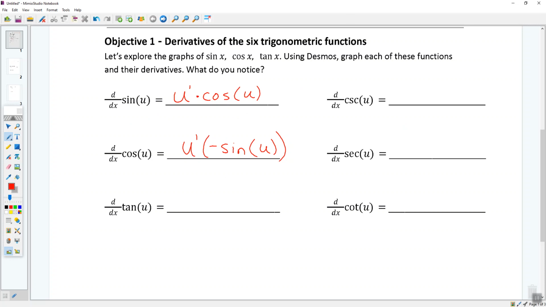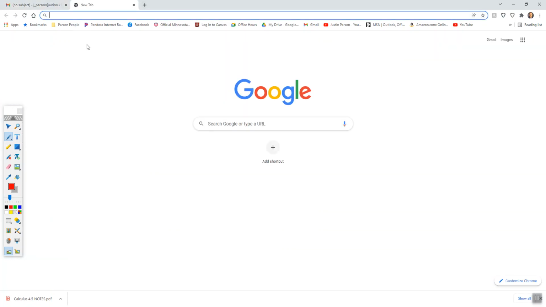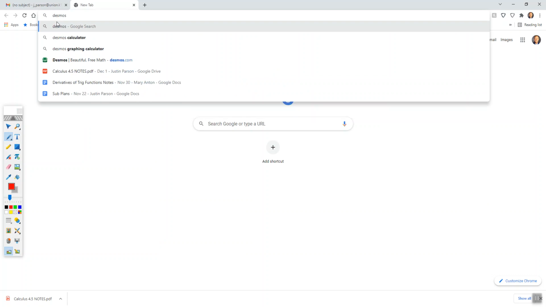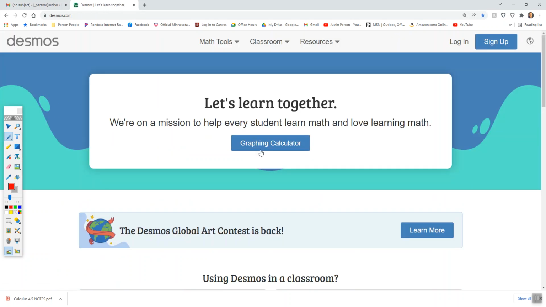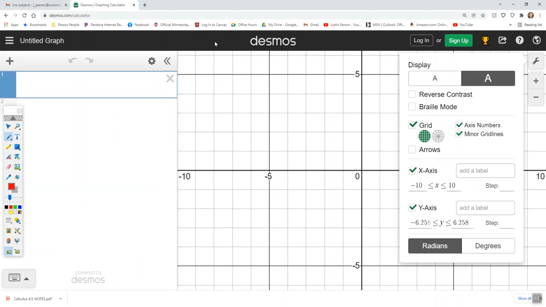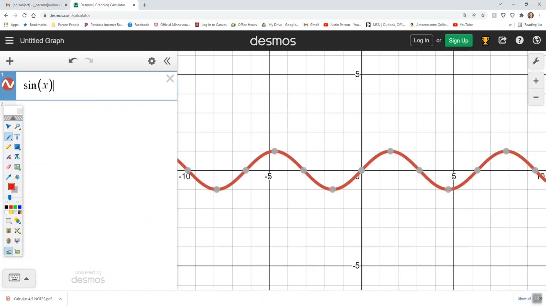Okay. I'm going to go in here and simply talk about the sine of x. So guys, if I look at this right here in decimals, okay, there's the sine of x.